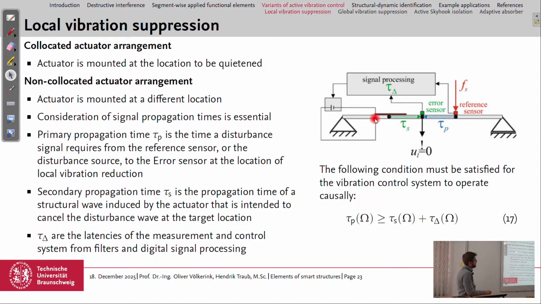So this is already a limitation: if the structure has the same cross-section over the whole length, then we need to place this actuator closer to the point than our disturbance. And in addition, we also have some latencies, theta delta, which come from the filters and the digital signal processing, because we have a signal processing control loop.